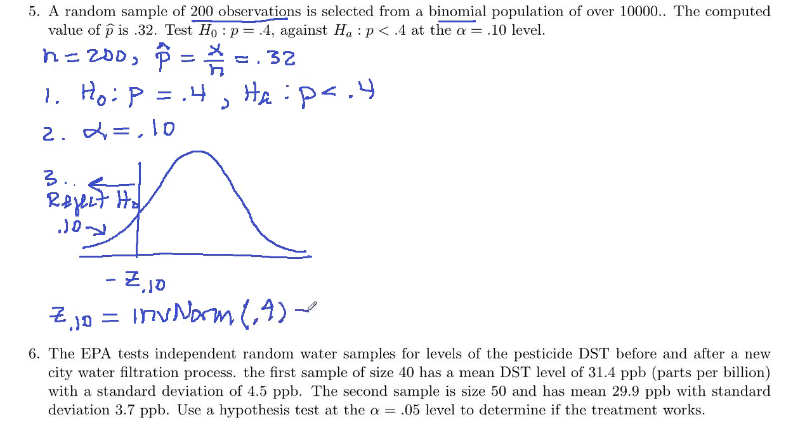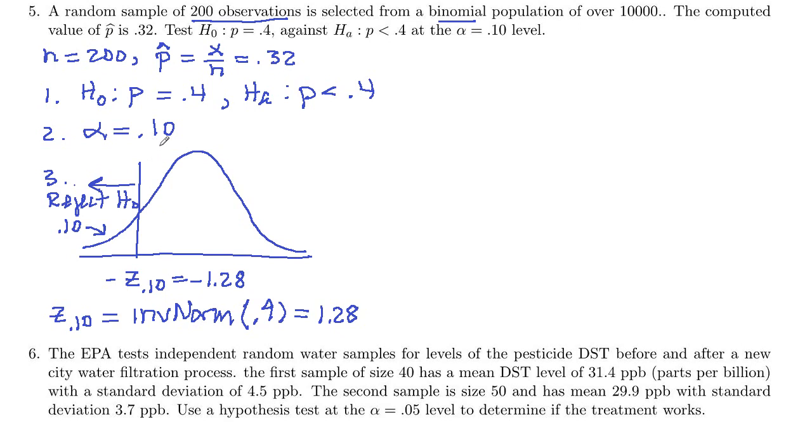So that's actually all that we need, inverse norm 0.9. Or you can also get that from the table of common rejection regions, and that is actually 1.28. So this z value is negative 1.28.